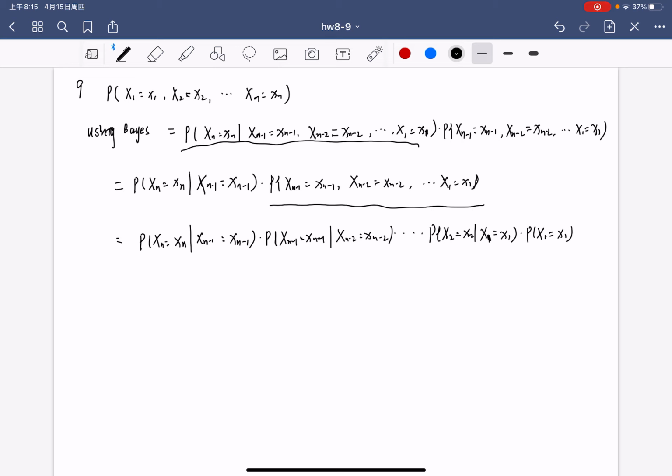And for this part, we can use the Bayes rule. For the specific situation, i equals 1, and there we use i to represent the common circumstance, and it is equal to P(Xi = xi).